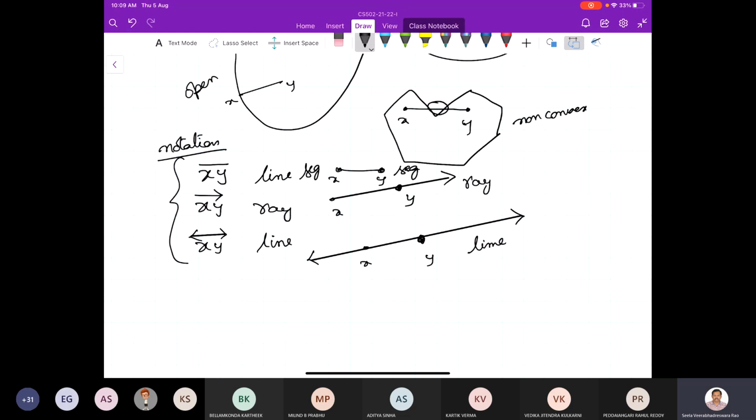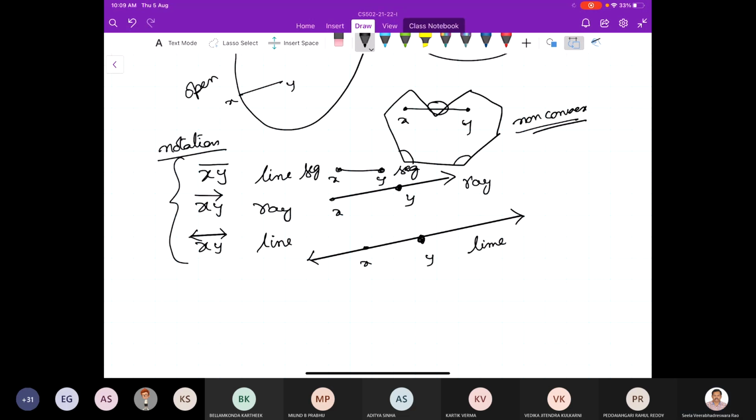Another thing is here, in this non-convex polygon, these are what are called internal angles.